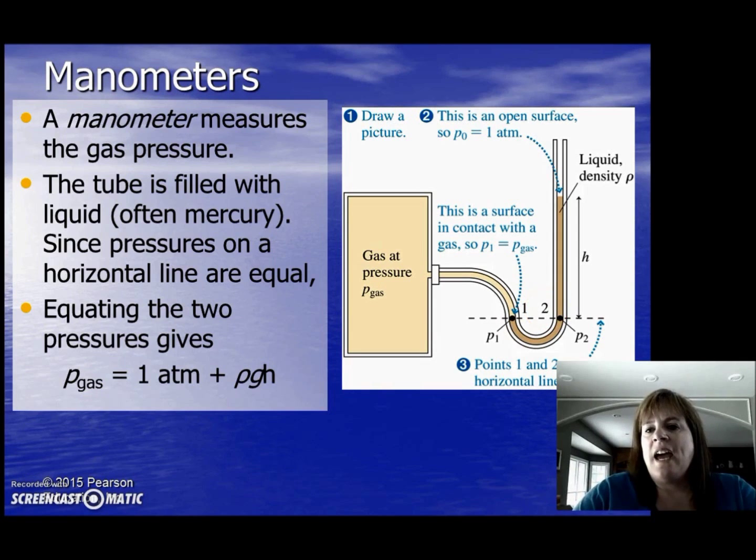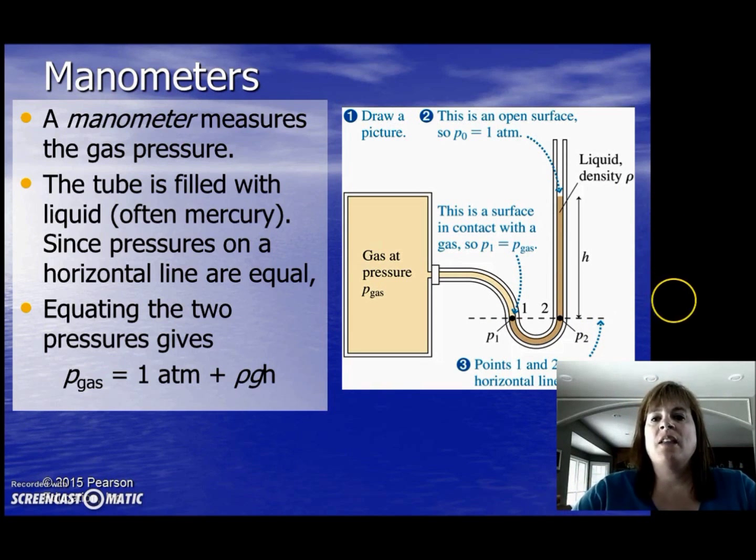So when we look at what's going on here in this manometer, we have gas pressure being exerted on this liquid mercury, or this column of liquid, which is going to cause it to displace somewhat up the glass tube. Now, at the top surface on this liquid, we have pressure due to the gas at the beginning, and we have pressure due to the atmosphere up at the top.